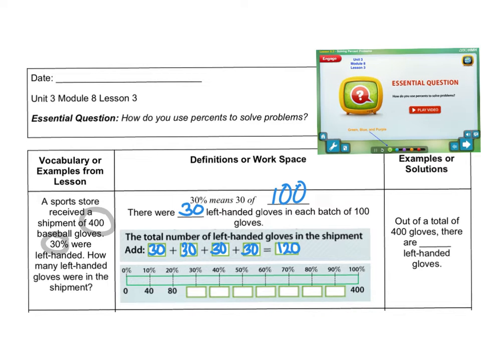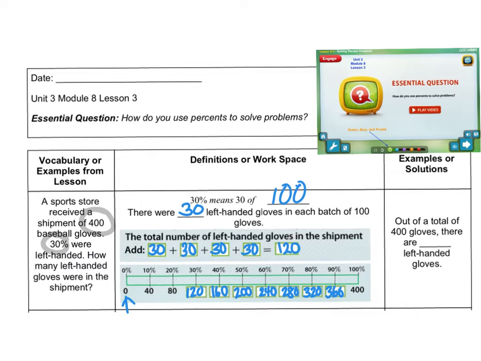We can use this percent bar model to also show that. So 0 gloves, 0%. At 10%, 40 gloves are left-handed. At 20%, 80 gloves are left-handed. As you can see, we are increasing by 40 gloves per 10%. So we continue by filling in 120, 160, 200, 240, 280, 320, and 360.